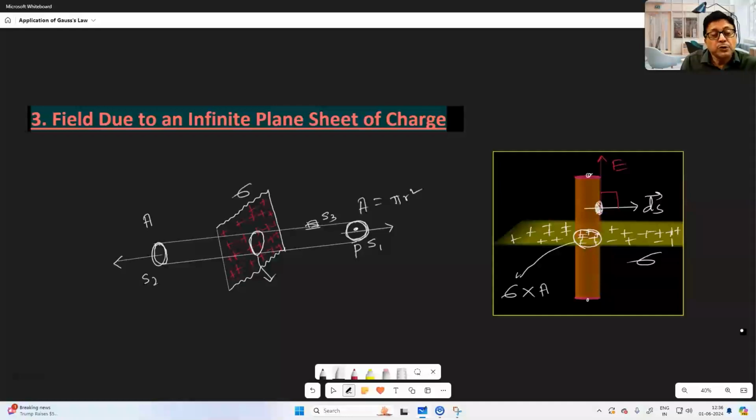Okay. So if we want to find phi out, you obviously have to take the surface integral over the whole surface of the cylinder, isn't it?